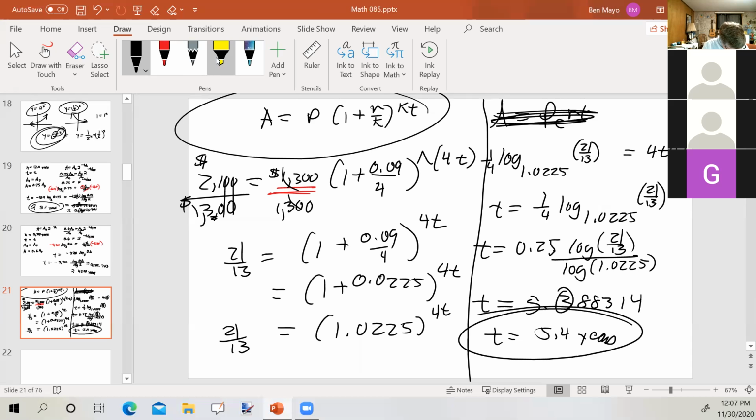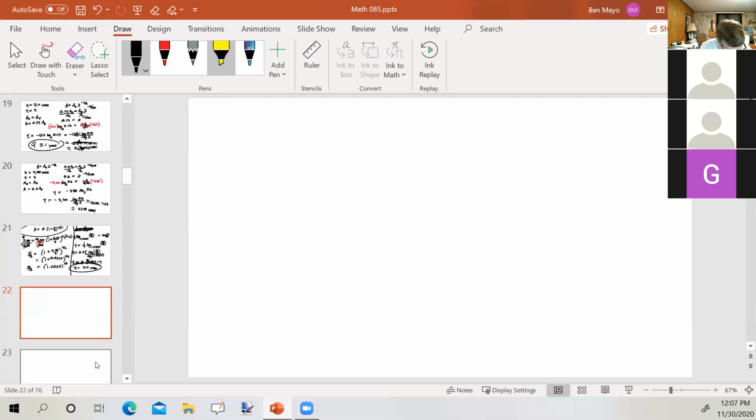Let's do one more. This says radioactive decay. In 2 years, 20% of a radioactive element decays. Find its half-life. So A equals A sub 0 times 2 to the negative T over H power.